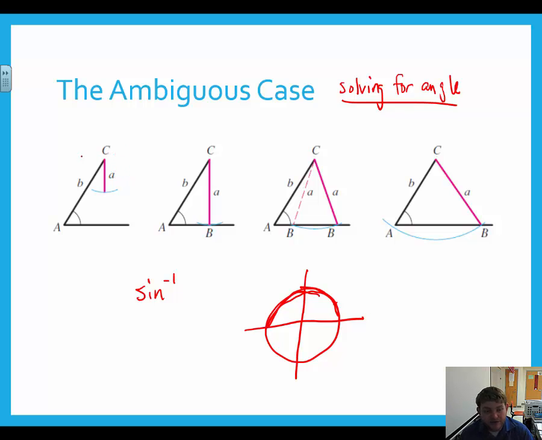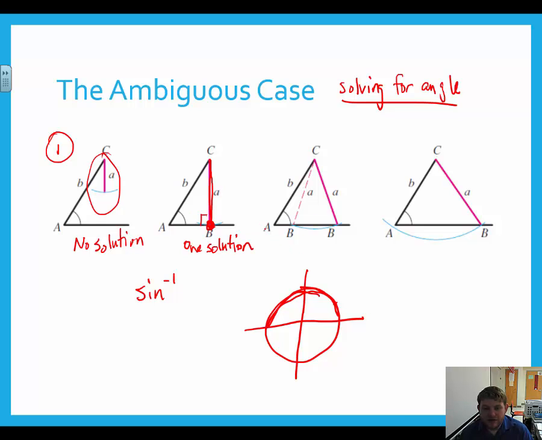We could have this first case right here, which is where we have an angle and we're given a side, and then we're given another side, but that side is too short to reach the other side, in which case there's no solution. Okay. The second case is whenever we're given an angle and a side, and it just so happens that this third side here reaches down just perfectly and hits at this 90-degree angle. Okay? That's the second case, in which case there's one solution.